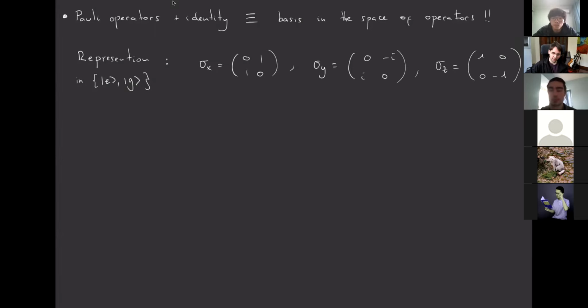And as you see, they come out as the natural representation of these operators that we defined. Then, let me consider the following. Let me consider just a linear superposition, or just a linear combination of all these matrices, including the identity.